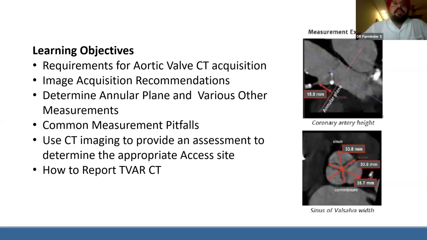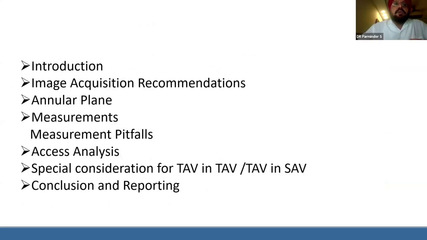So first is the image acquisition, then how to determine annular plane and various other measurements which are required for TAVI or TAVR, and what are the common pitfalls in the measurements, and how to assess the appropriate access site for TAVI, and how to report a TAVR CT. We will be discussing all these in the coming slides.